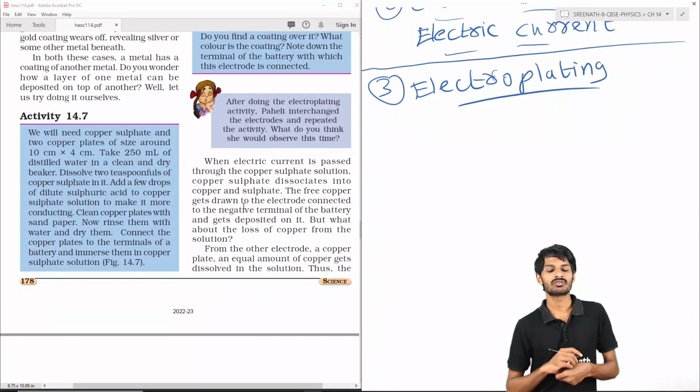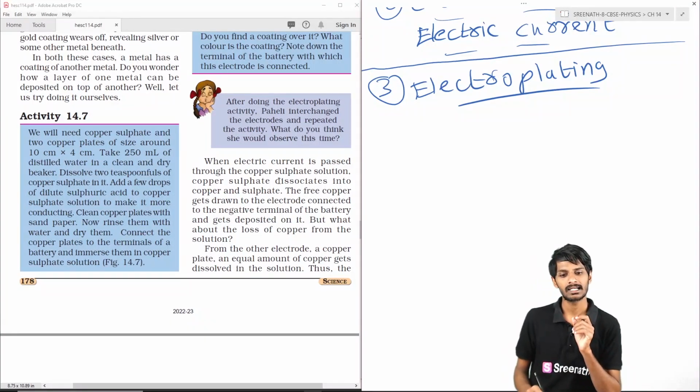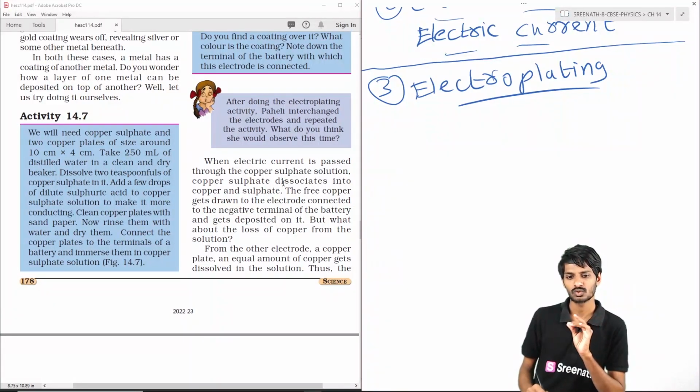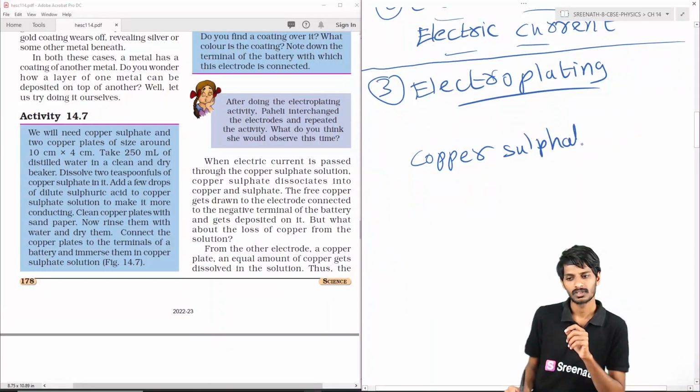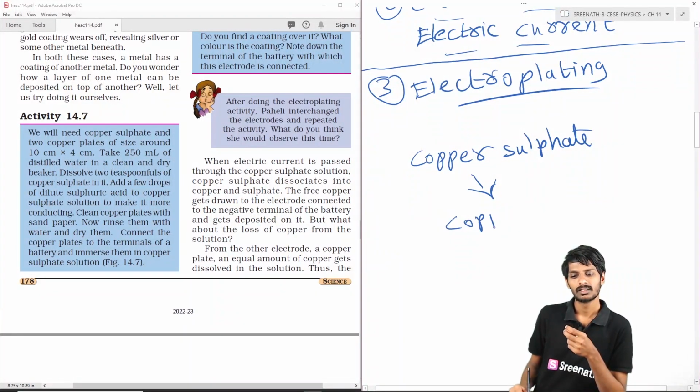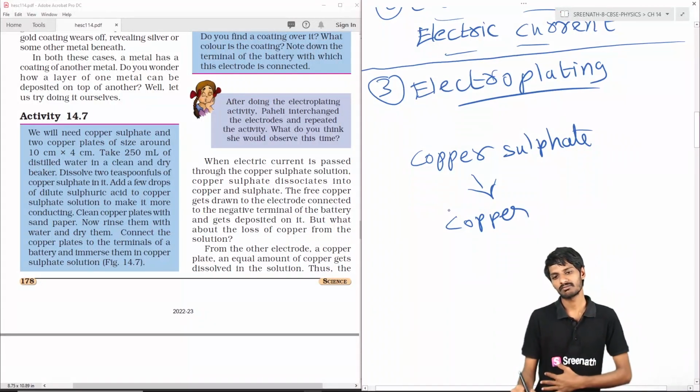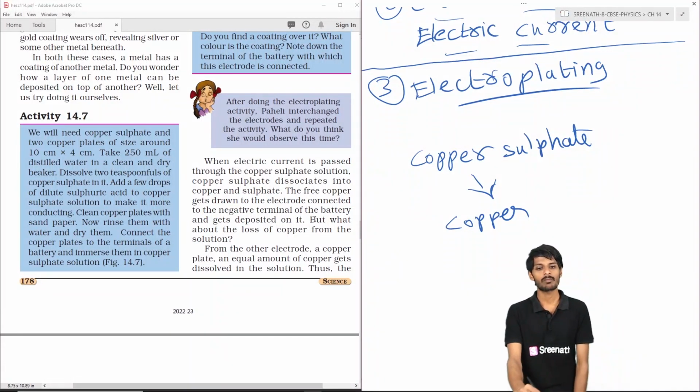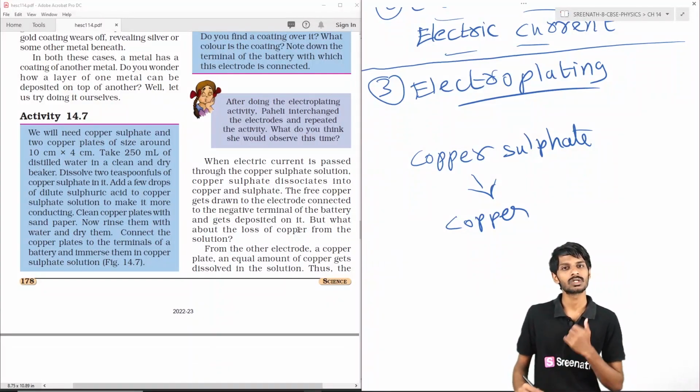So what you will observe, students, is that when the electric current is passed through the copper sulfate solution, the copper sulfate dissociates into copper and sulfate, students, and this free copper gets drawn to the electrode connected to the negative terminal.